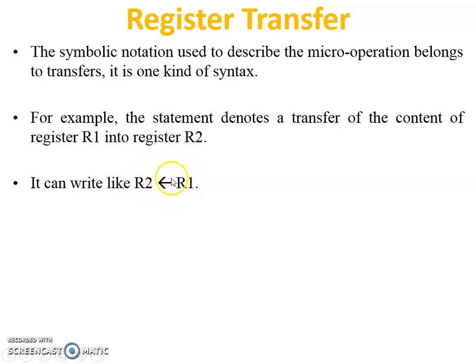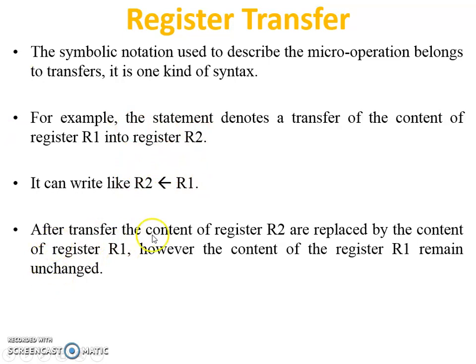The arrow mark is called the notation of register transfer, as data is transferred from one register to another register. After transfer, the content of register R2 is replaced by the content of register R1. Over here R1 content is copied into R2, but R1 content remains as it is, so there is no change in the content of R1.